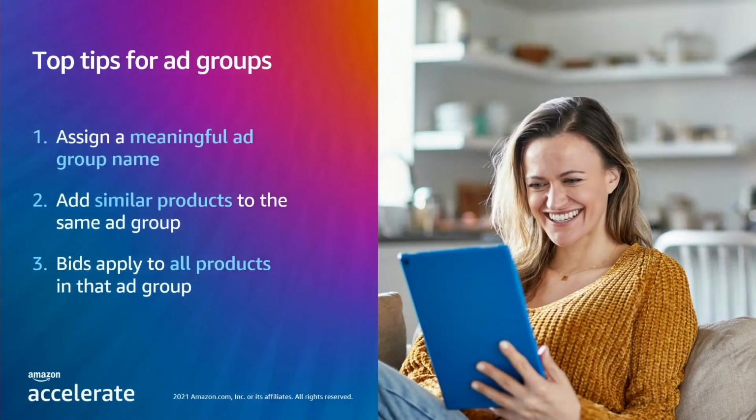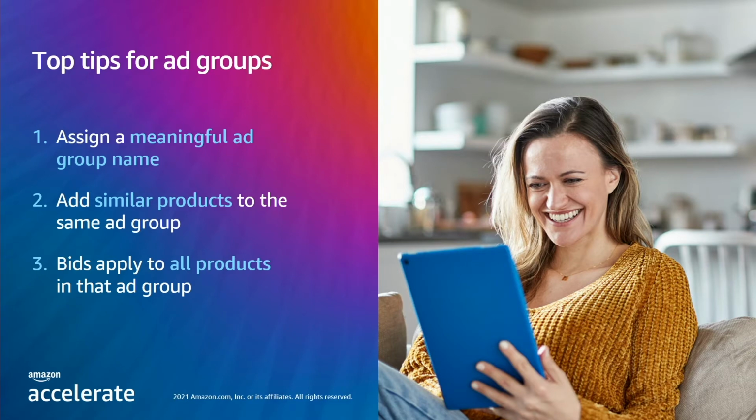For the campaign structure, let's touch on ad groups. Again, the best way to think about ad groups is as organizational folders that let you choose what promoted ASINs and targets you want to use together. You can use these to separate out things like product variations or different keywords or ASIN targeting strategies. So here are our top tips for ad groups.